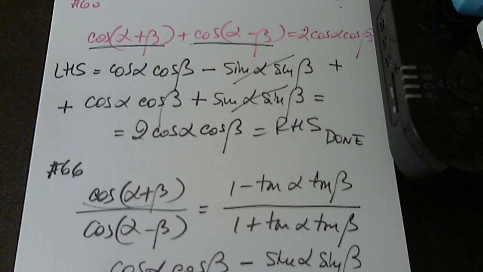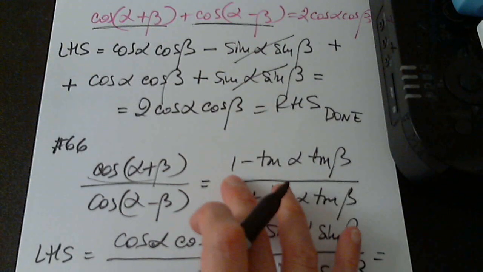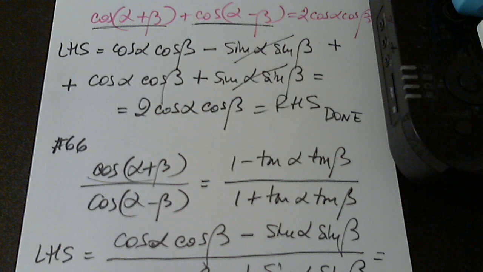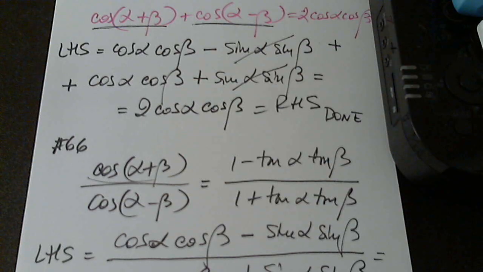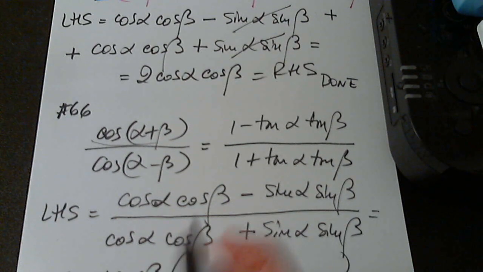I also see cosine, cosine, sine, sine, and this is tangent. So I'm going to factor out top and bottom so I can have the 1. I'm going to factor out cosine alpha cosine beta, and we'll see what we have left in parentheses. And of course, I will do the same thing for the denominator.